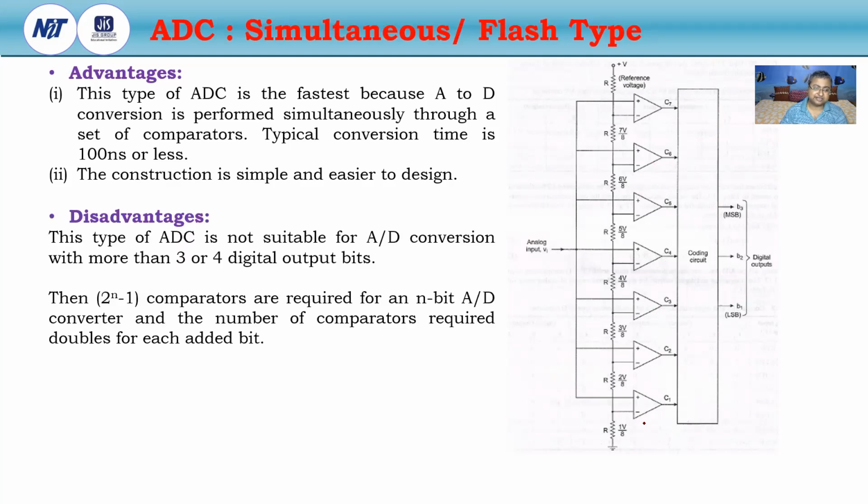This type of ADC is not suitable for AD conversion with more than 3 or 4 digital output bits. Then 2 to the power of n minus 1 comparators are required for an n-bit AD converter, and the number of comparators required doubles for each added bit.